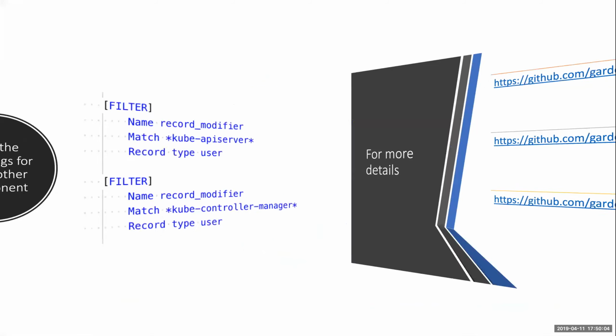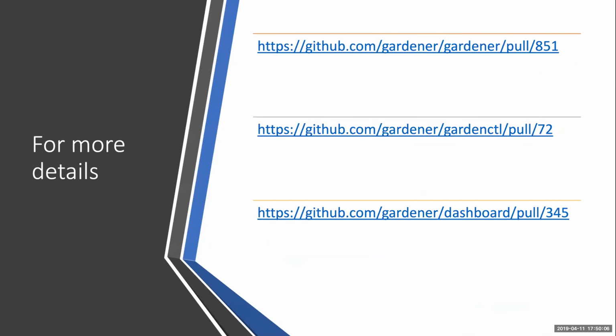For more details, you can see the PRs. There are 3 PRs at the moment in the Gardener repo, in the Garden CTL, and in the dashboard.